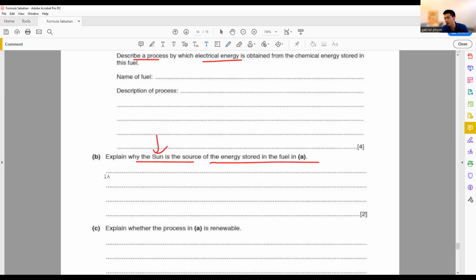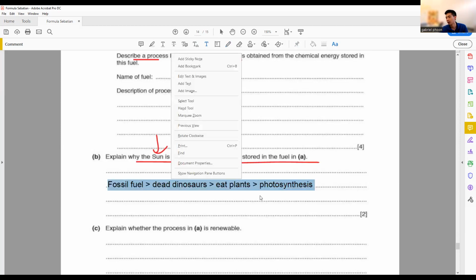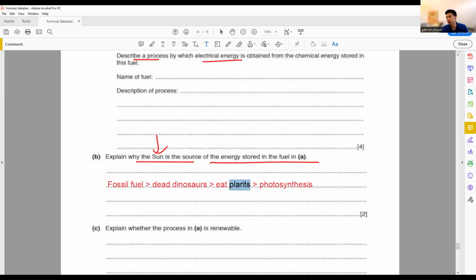However way you want to structure it, fossil fuel came from dead dinosaurs, which ate plants, which got the energy from photosynthesis.